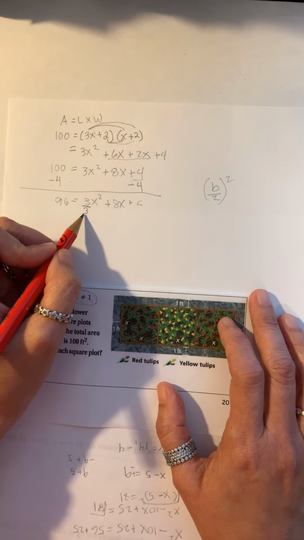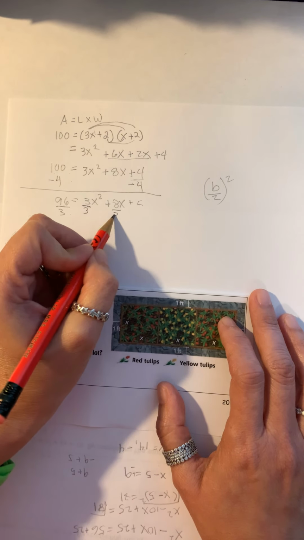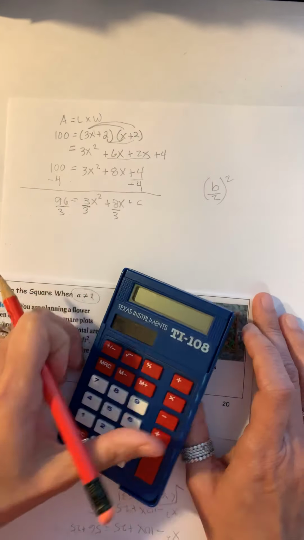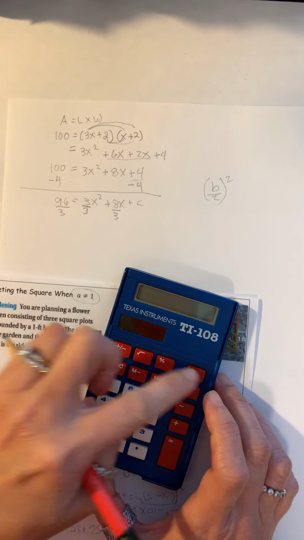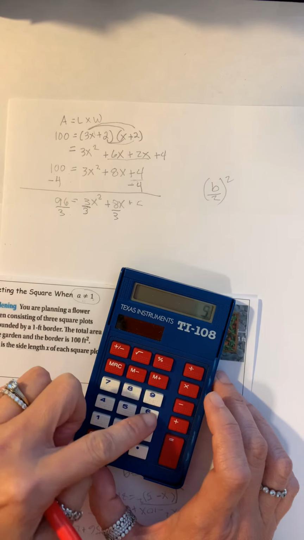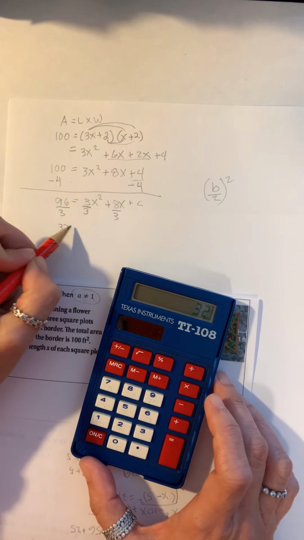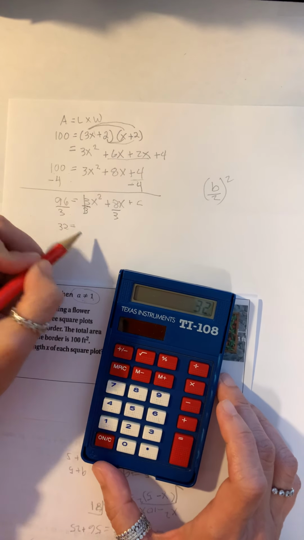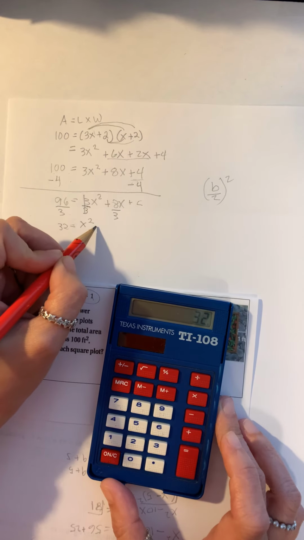If the A is not a 1, you divide it by itself. All right, so 96 divided by 3. So this becomes a 32. 3 divided by 3, that cancels out. So I have x to the second power. There's our A, that's a 1 now.